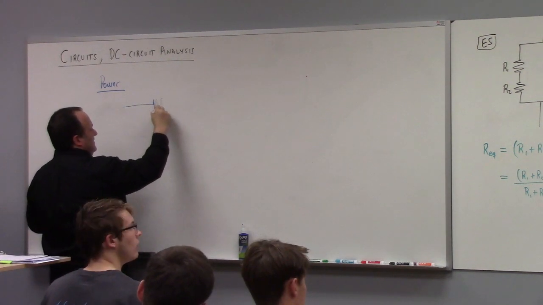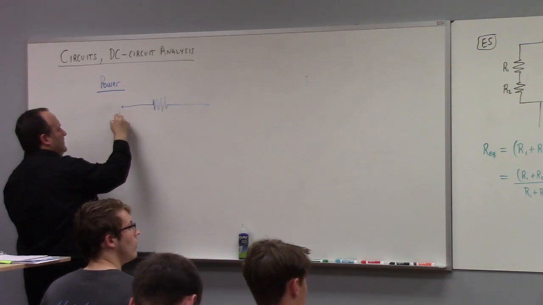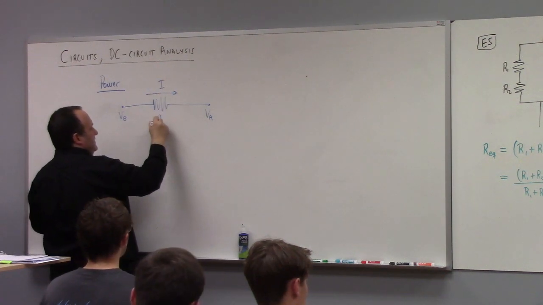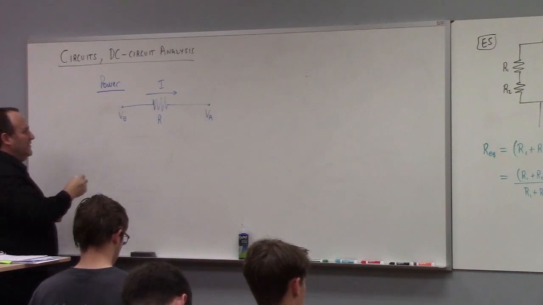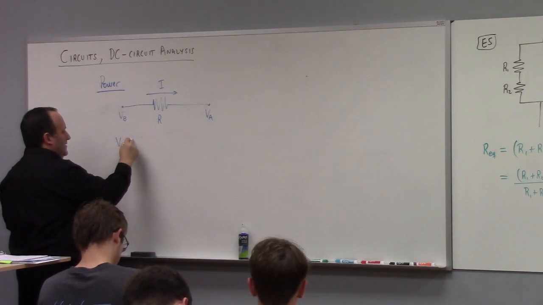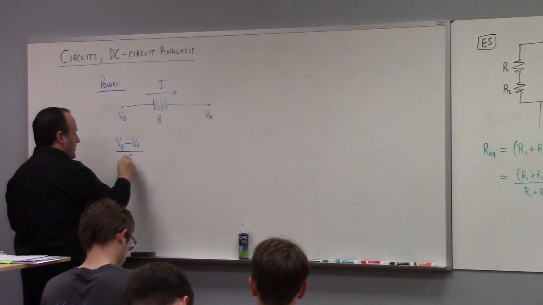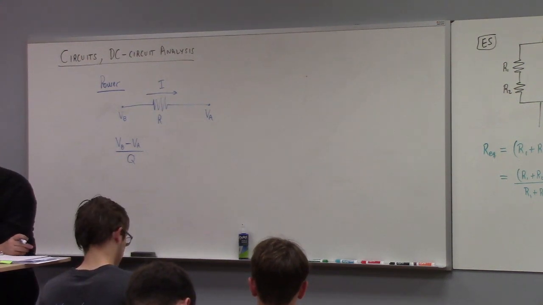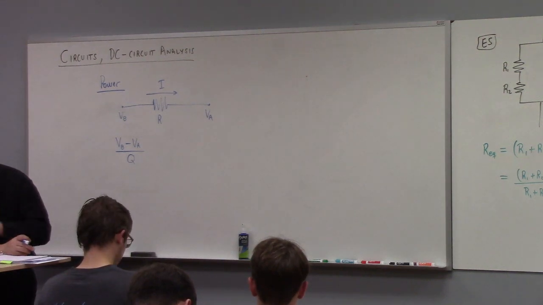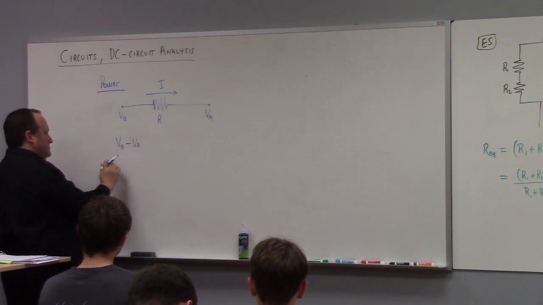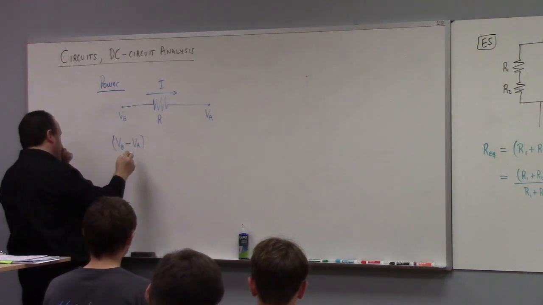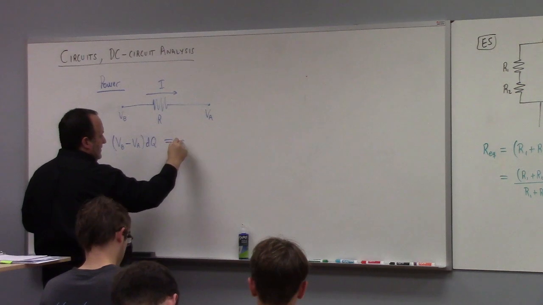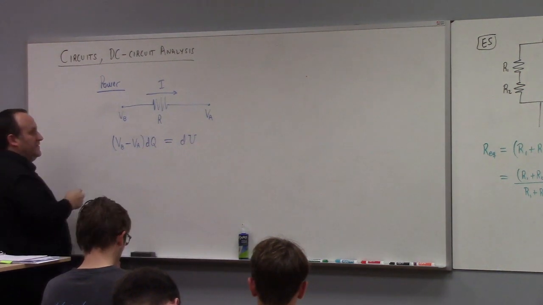So if I have a resistance and I've got voltage here at B, voltage here at A, and I've got the current I flowing through resistance R, we know that (VB minus VA) over Q, times dq, should be the change in potential energy that you get.